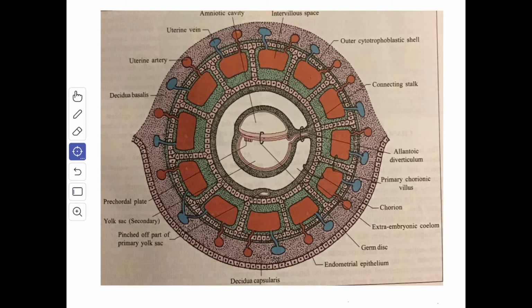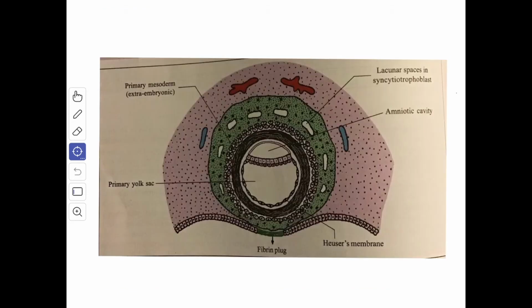The successive developments of the trophoblastic lacunae, trabeculae, uteroplacental circulation, primary villi and the intervillous spaces take place between the 9th and the 13th day after fertilization. The outer cytotrophoblast shell is formed in the early part of the 3rd week. Now we'll see what changes occur in the embryoblast.